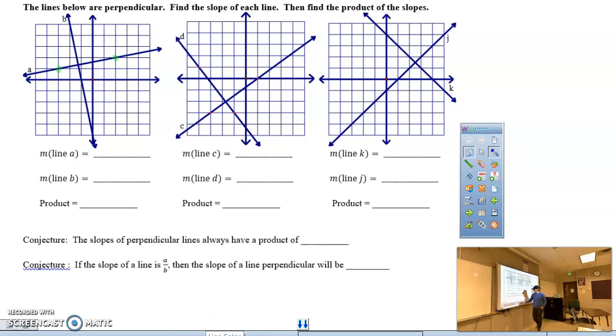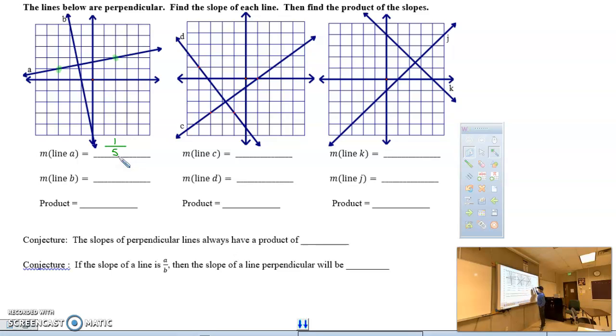Starting from the lower point, I'm going to go up 1, and then to the right 1, 2, 3, 4, 5. So the slope is up 1, right 5, which is 1/5.